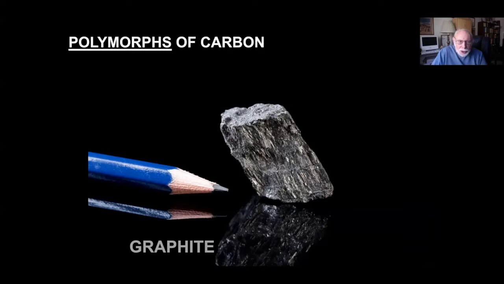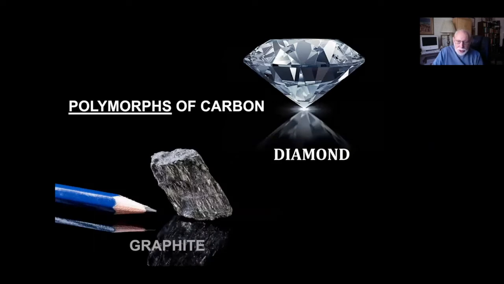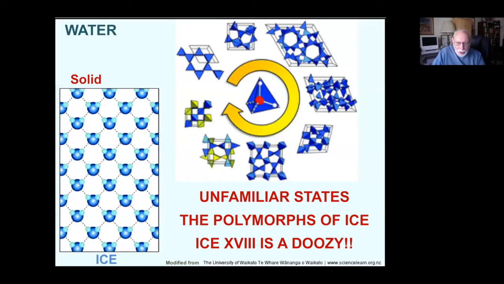And yet there's another polymorph of carbon that is the hardest substance we know on the planet, diamond, brilliantly clear. Two very different forms of the same material. And water is the same way. There are a whole bunch of unfamiliar states that are polymorphs of ice. They're talking about maybe 20 of these now, and one of them, ice 18, is a doozy.